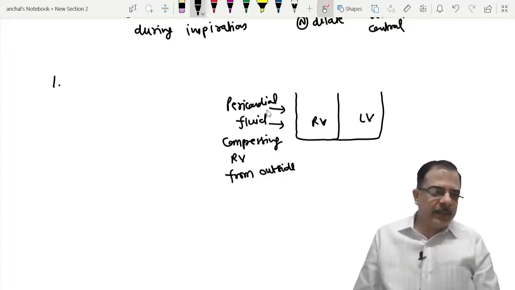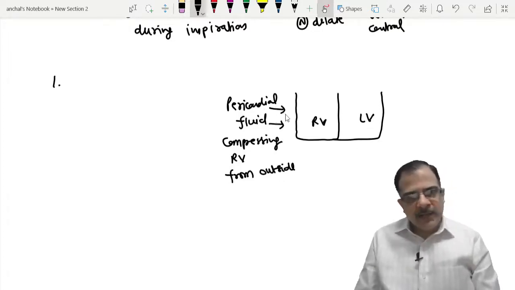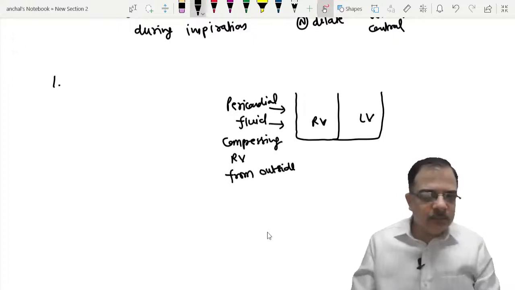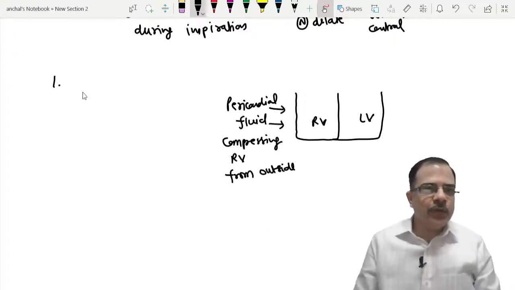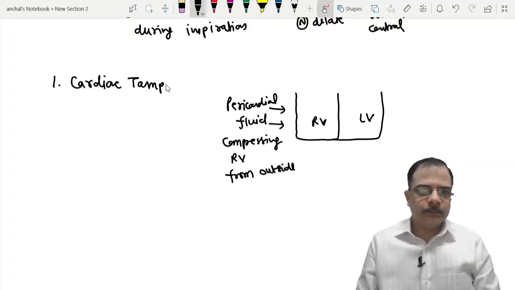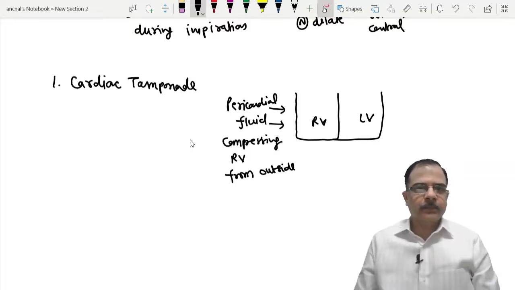So there is pericardial fluid, and that pericardial fluid is compressing the right ventricle cavity, so it will not allow it to dilate. That condition is known as, very important, we will discuss later on also, cardiac tamponade. What is the meaning of cardiac tamponade?